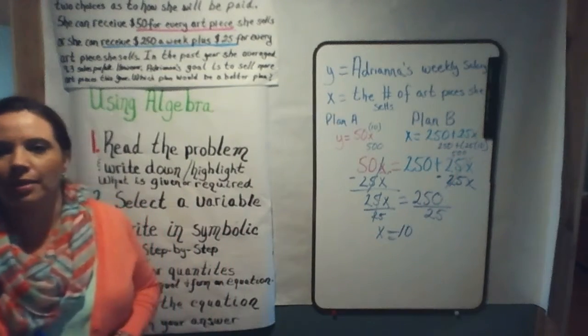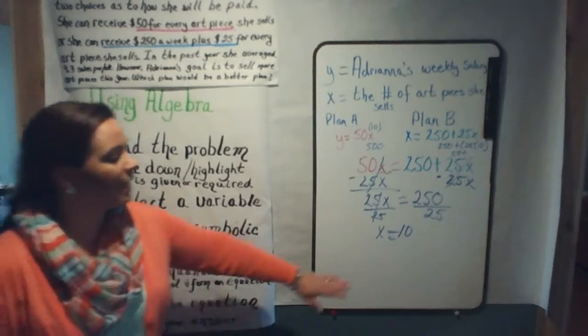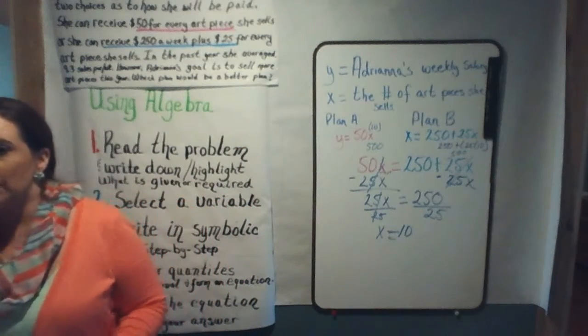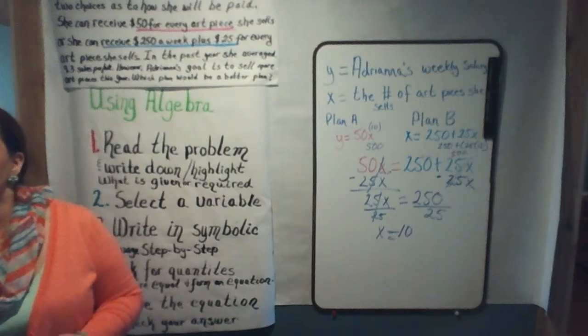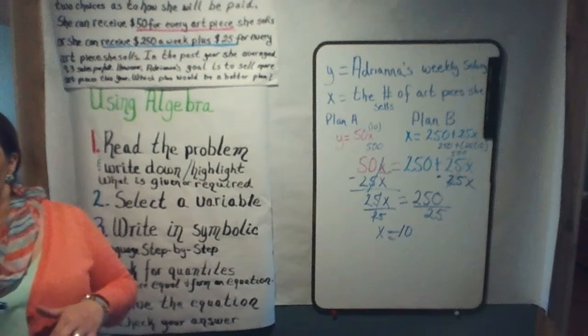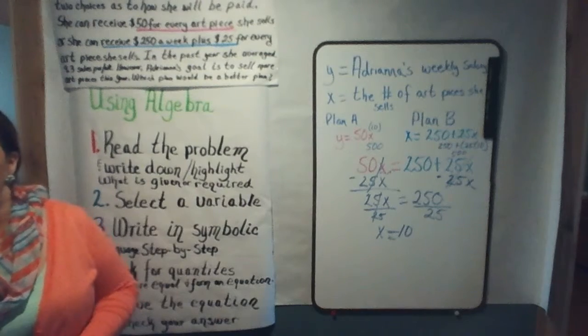So you could check. So just as our guess and check, Adriana has to sell 10 pieces for the plans to be the same.